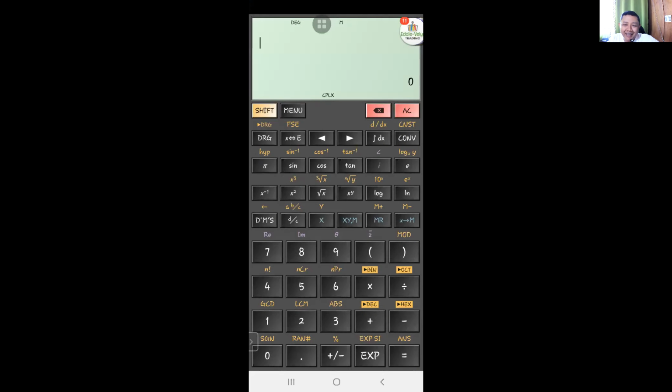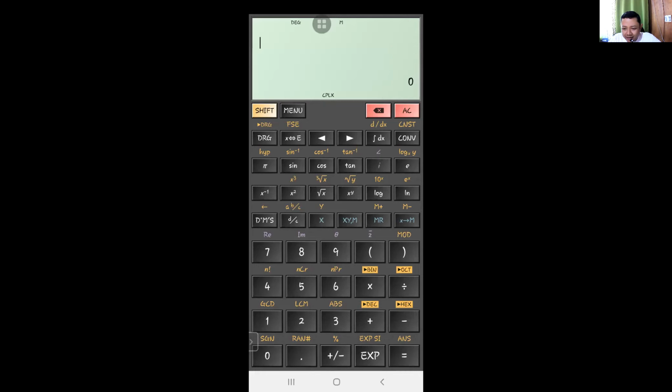Okay. Para mas simple ang ginagawa natin, kindly look at this symbol, the NCR. Do you see NCR? Look at my 5 button. On top of my 5 button, there is NCR. Kindly pakihanap sa inyong mga calculators kung meron kayong NCR. Kindly find NCR in your calculators.